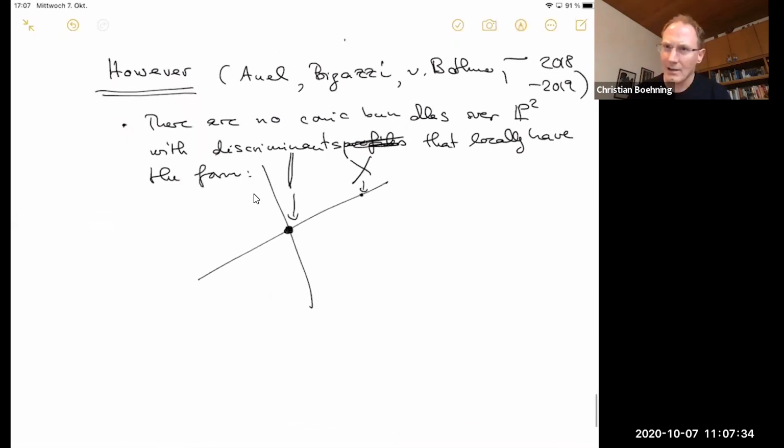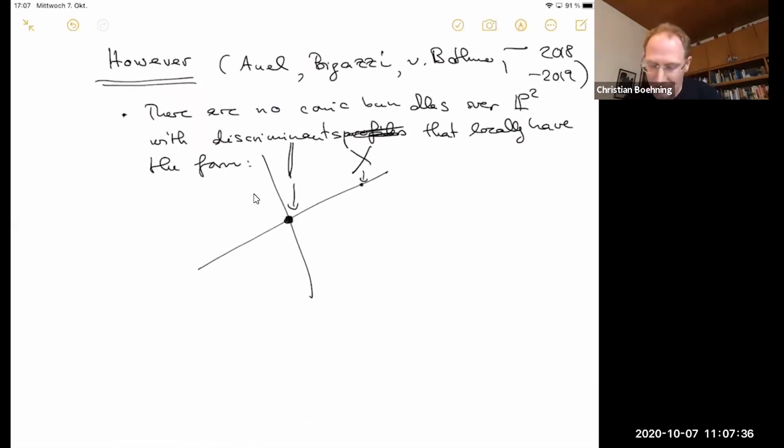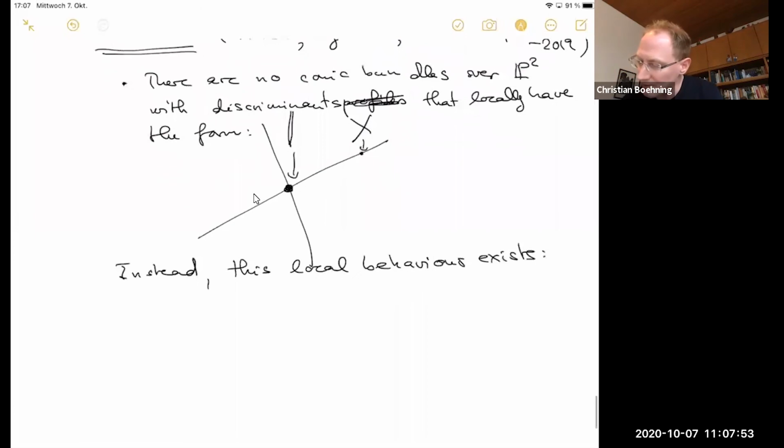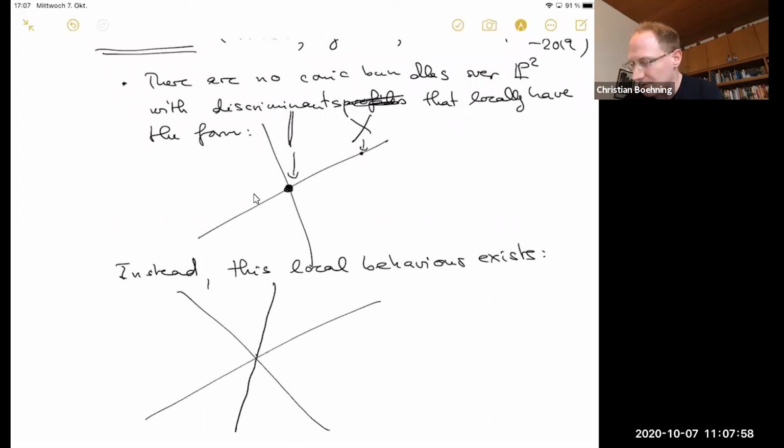Instead, what does exist, funnily, is this other local behavior that I draw for you now. You can have a conic bundle that has discriminant three lines passing through a point in characteristic 2, and one and the same Artin-Schreier double cover on each of them, so isomorphic Artin-Schreier double covers on each of them, all ramifying in this one point.